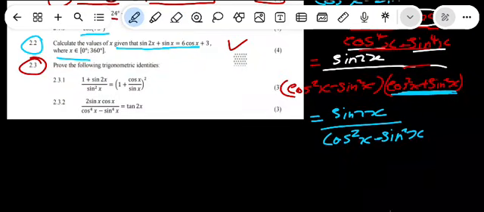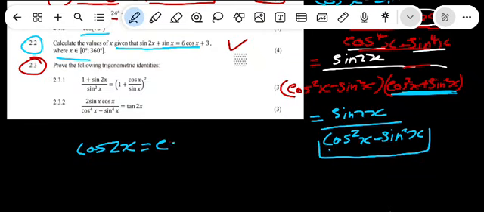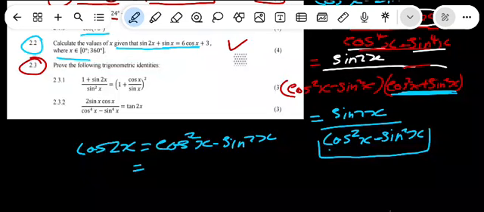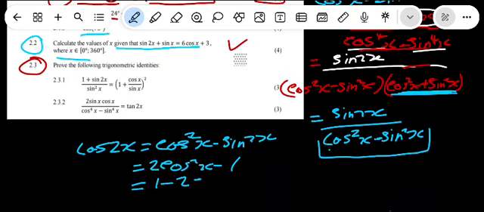Remember, cos 2x can be equals to cos squared x minus sine squared x, also can be given by 2 cos squared x minus 1, also can be given by 1 minus 2 sine squared x.